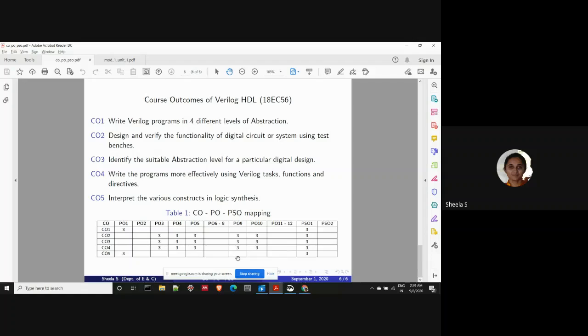And the reason this particular course is not mapping to PO6, 7 and 8 is that here we are not going to discuss anything related to ethical issues or anything related to solutions for societal problems in this course right now.